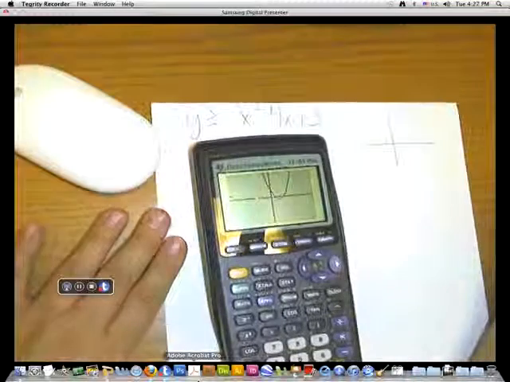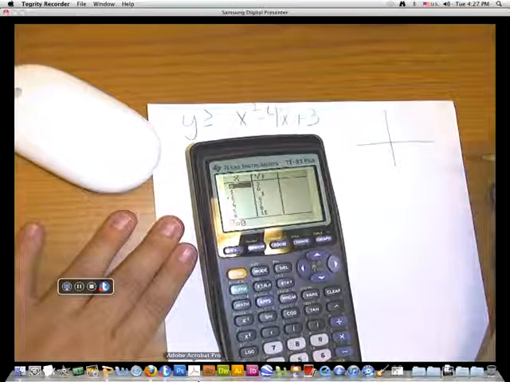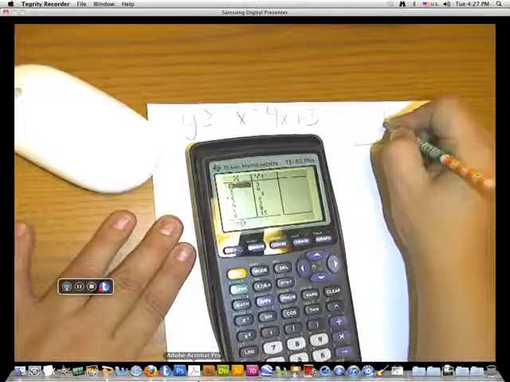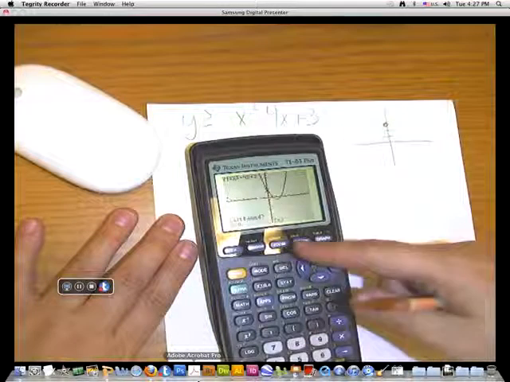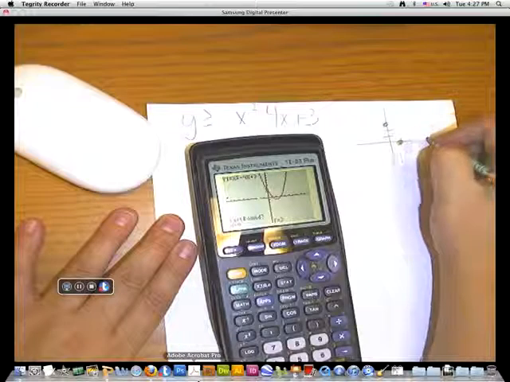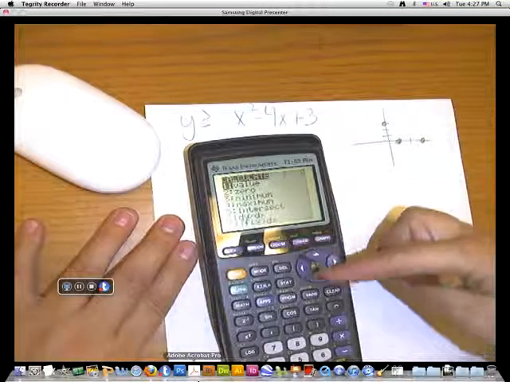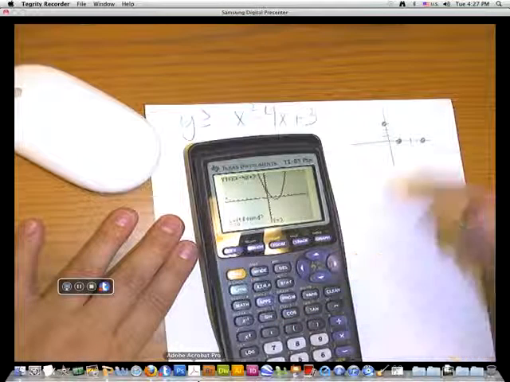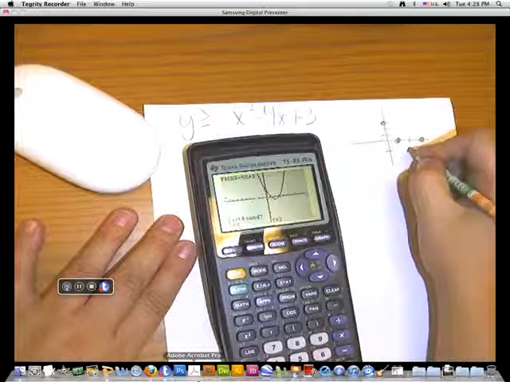So when I'm having to graph this, I can find that the y-intercept was at 3. I can do my calculate zeros, and I can find my x-intercepts are at 1 and 3, and then I can do my calculate, and in this case it's a minimum where I do left bound, I do right bound, and I find that it's at 2, -1.